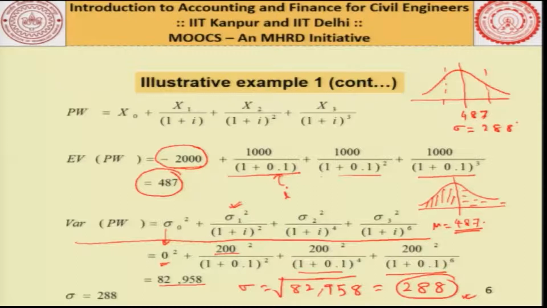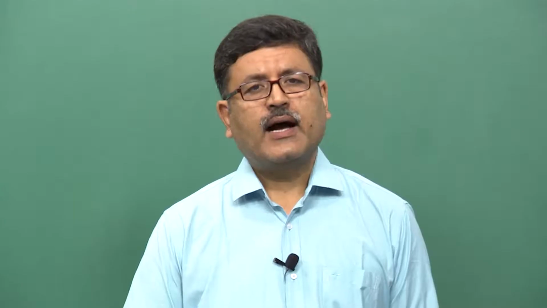That means, there is a likelihood that the value of net present worth might go below 0 also. Now, that is what is the risk associated with this particular proposal. I want to find what is the probability that my net present worth becomes less than 0.